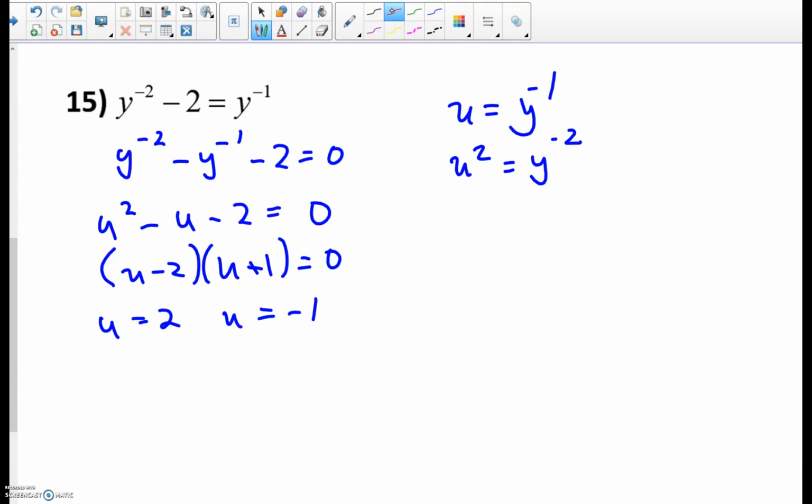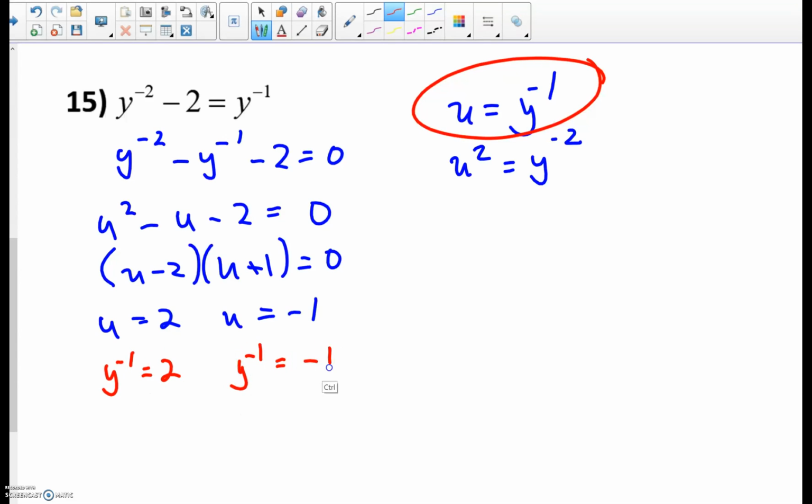So now I want to replace my u with y to the negative 1, is equal to 2, is equal to negative 1. So remember that y to the negative 1 is 1 over y. So those are reciprocals, so y is 1/2. And over here, 1 over y is equal to negative 1. So y also is equal to negative 1.